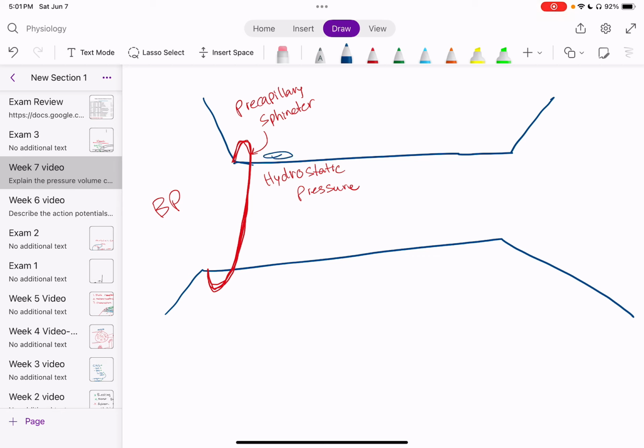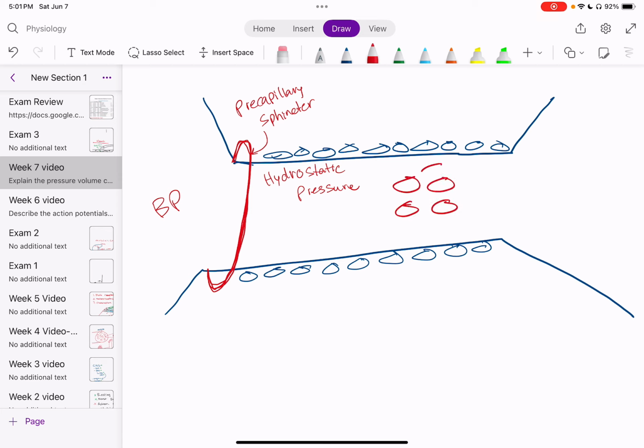This capillary consists of these cells. They're tightly woven together to make up the walls. Then in our capillary, we have our blood cells, and we also have these proteins and plasma. 80% of what's in our plasma is albumin.